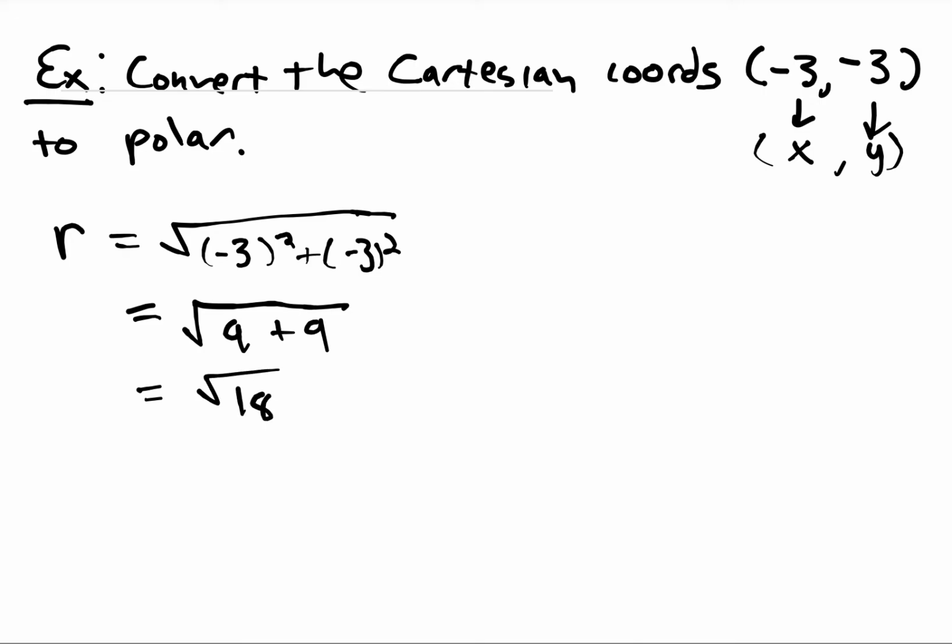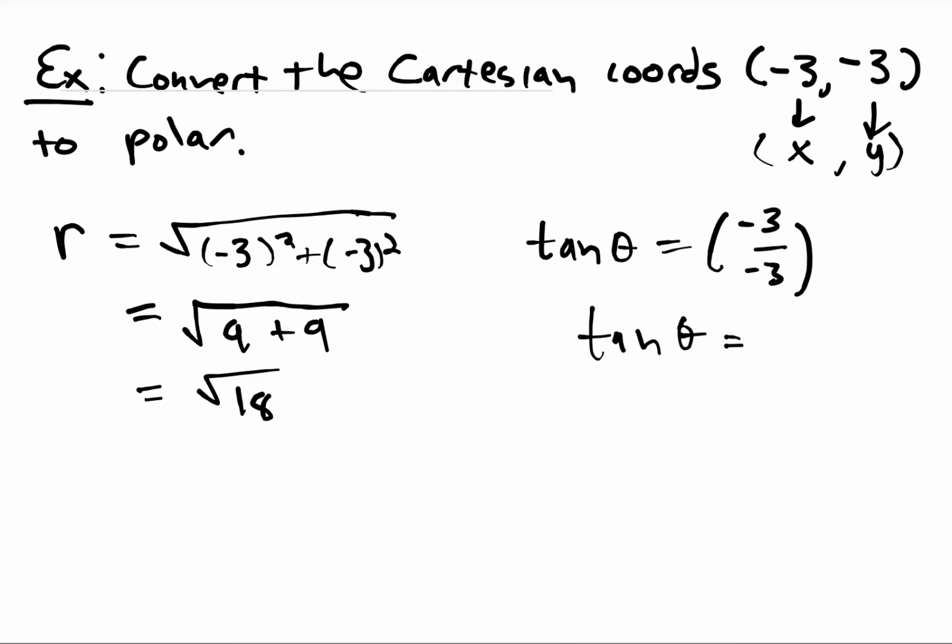Now my theta, on the other hand, we said that my tangent of theta was supposed to be my opposite over adjacent side. Well, that's going to be minus 3 over minus 3, right? So this should have been my y over my x. So ultimately, I'm getting that tangent theta is 1. Now, here is the reason why I didn't give you guys the formula in terms of tangent inverse.